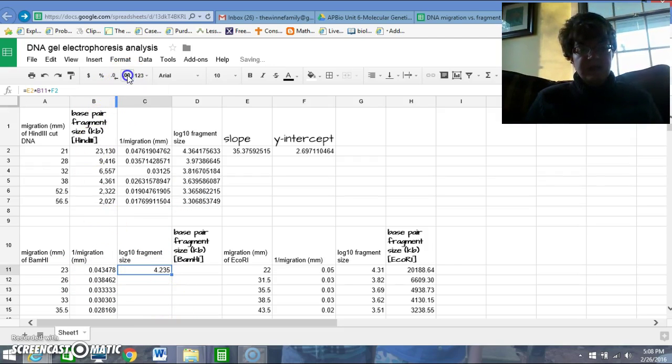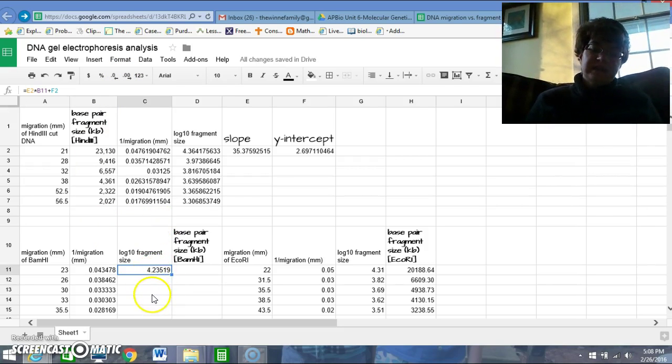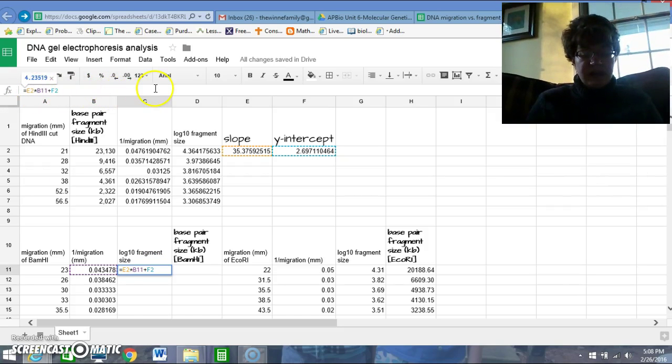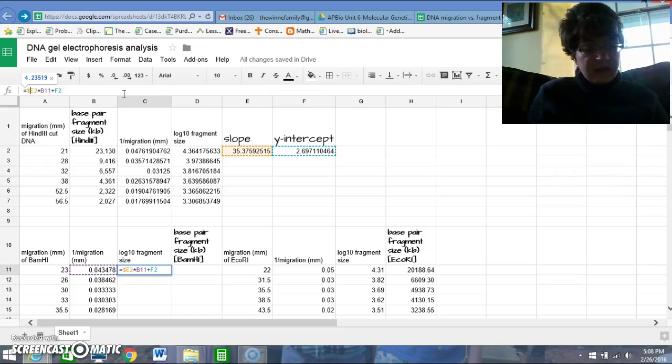We're going to increase my decimals. Fix that later. Now before I drag this down to apply it, I want it to be looking at the cells as they go down, but I don't want to change what cells they're looking at for the slope and for the y-intercept. So I'm going to go into this and put a $ sign in front of this so that it won't change what cell it's looking at.